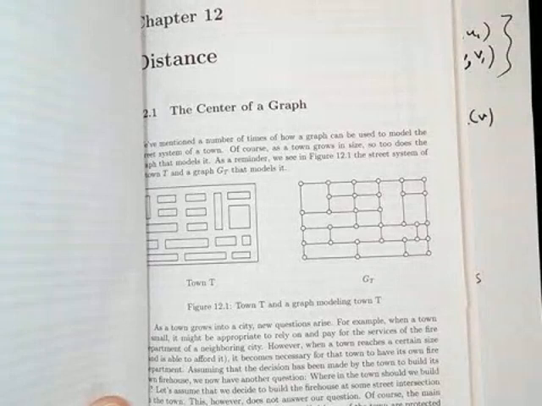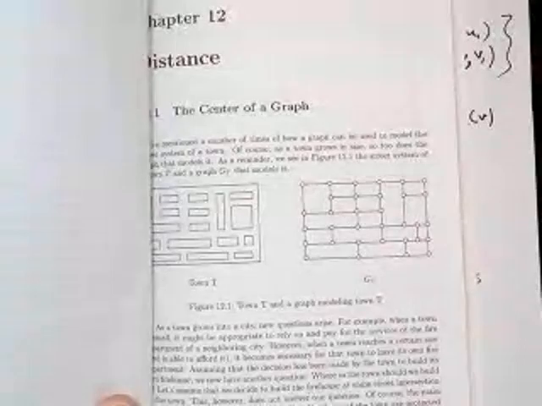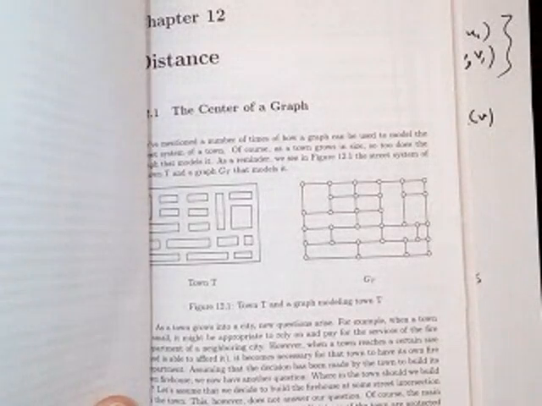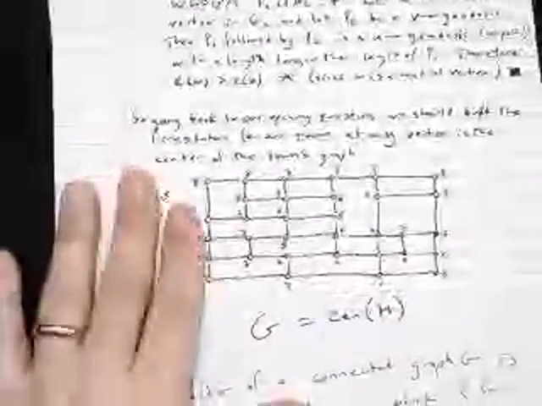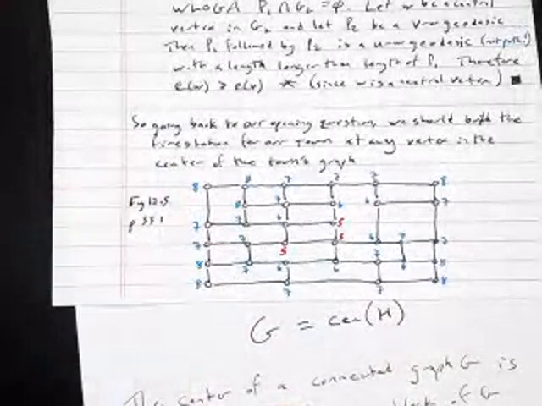I don't know. So if I want to know back in this town, where do I put the police station? Where do I put the fire station? I actually need to do the hard work and figure out the eccentricity of every single vertex in this graph. Then I find the center of the graph.